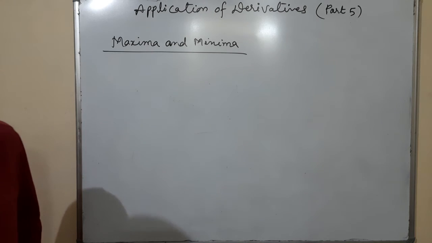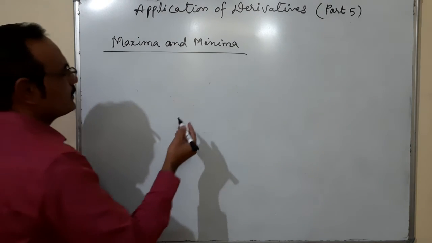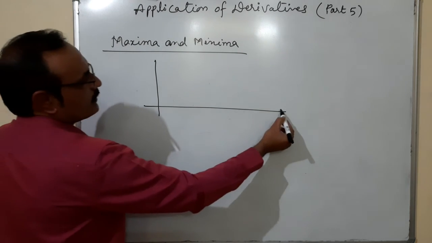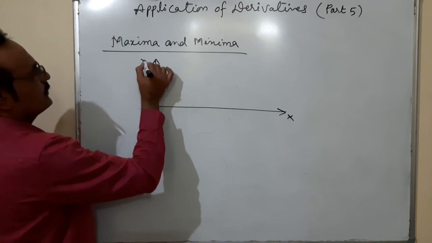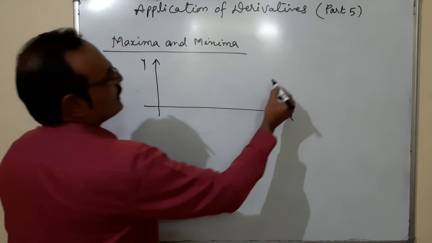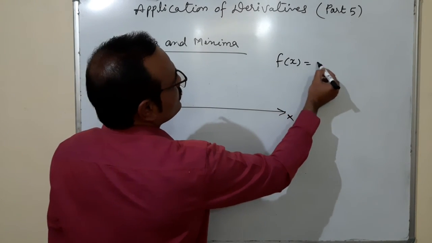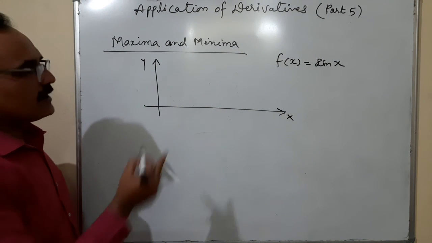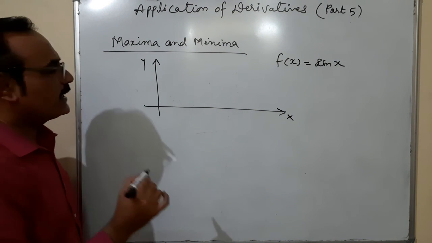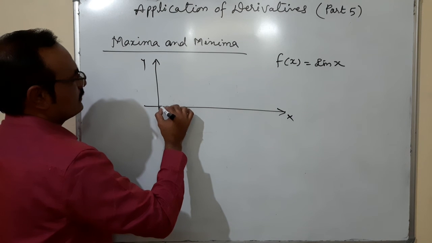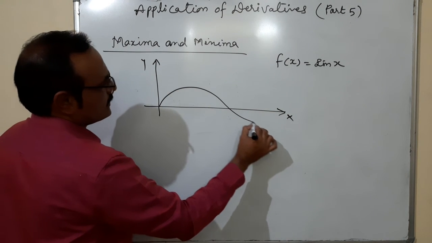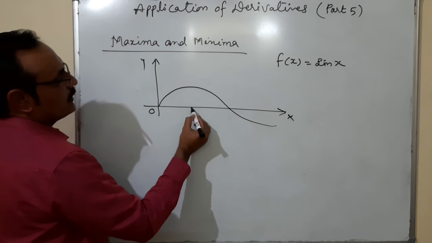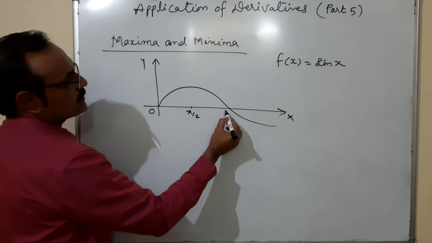I am taking a very good example so that you will understand it properly. Here is x, here is y. Take the function f of x is equal to sine x. You know that the graph of sine x is like that. 0, pi by 2, and this is pi.